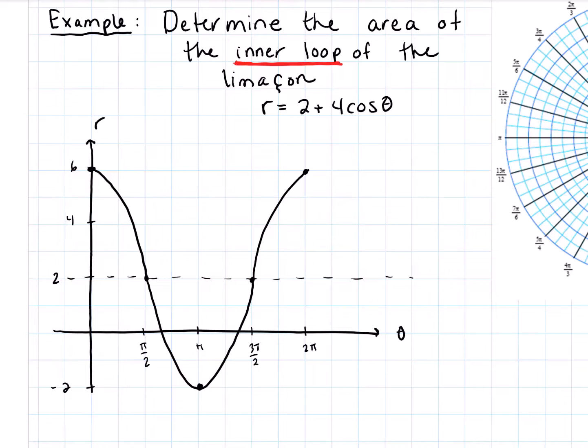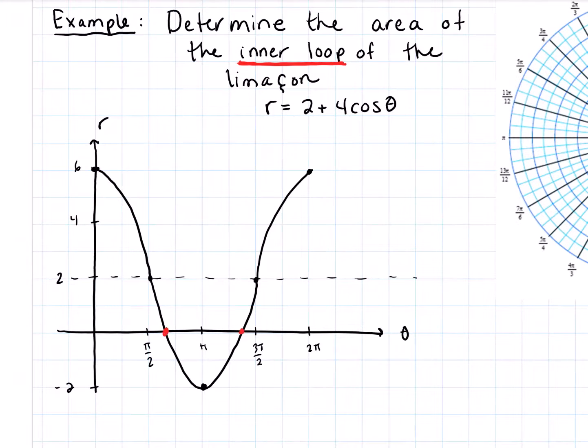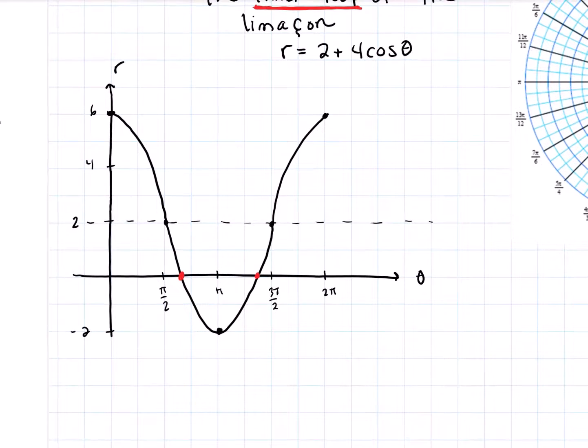Now, something interesting is going to happen right here and here. And we'll talk about where those intersection points with the theta axis are in just a second. But first, let's get this graph. Actually, you know what? Let's find those points right now because it will be helpful to know where they are when we get over to the graph. Those particular points where it's hitting 0, if we want to find those intersection points, find when r equals 2 plus 4 cosine of theta actually equals 0.